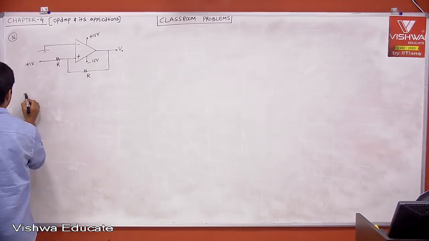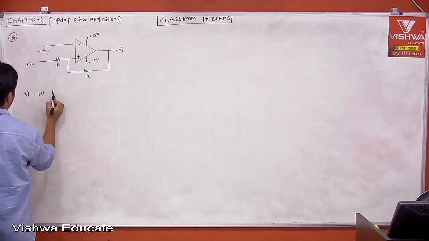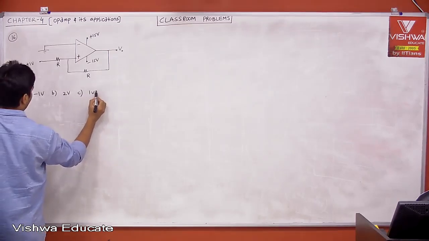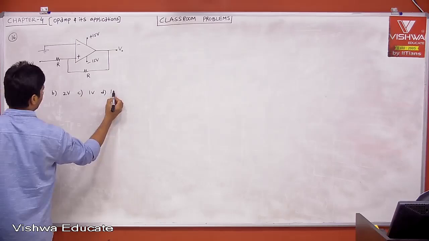What is V naught? Option A minus 1 volt, option B 2 volt, option C 1 volt, option D 15 volt.